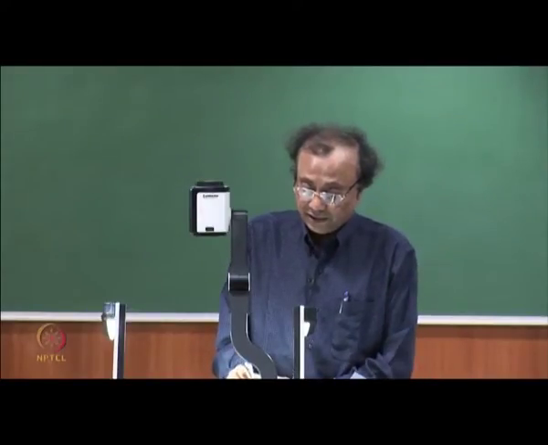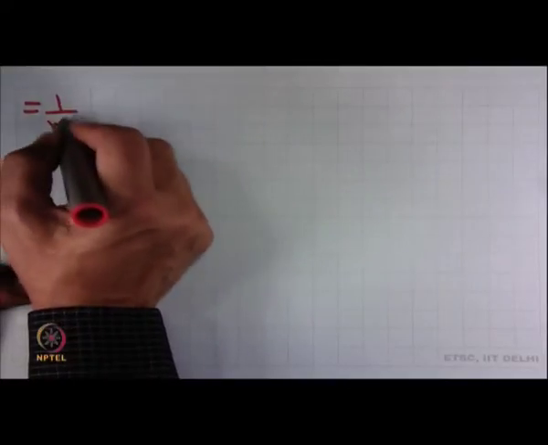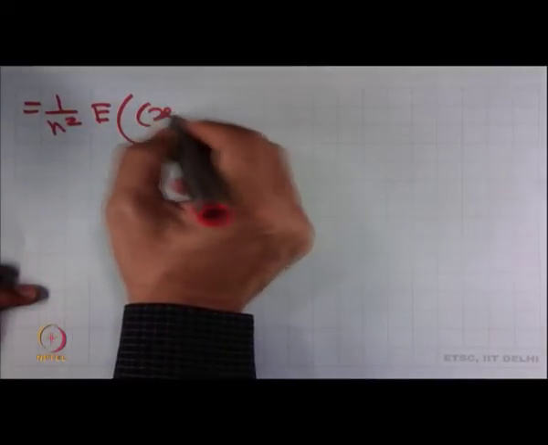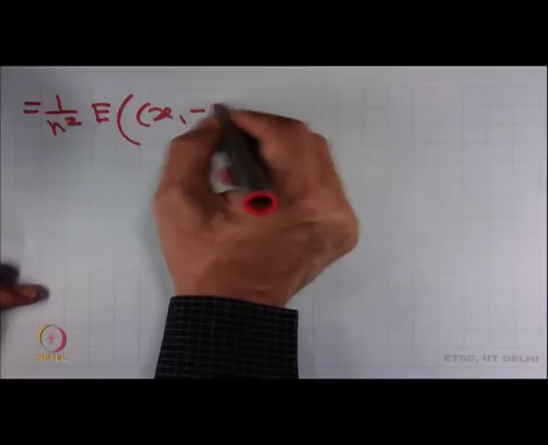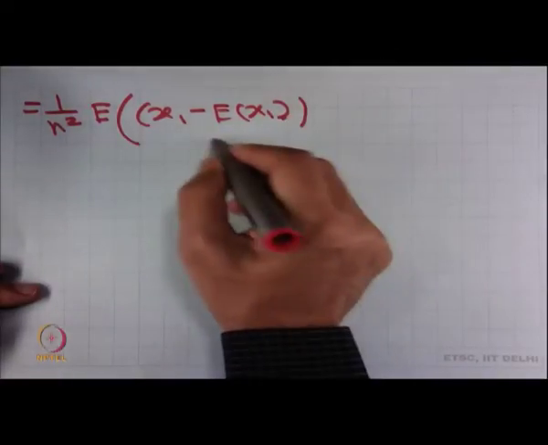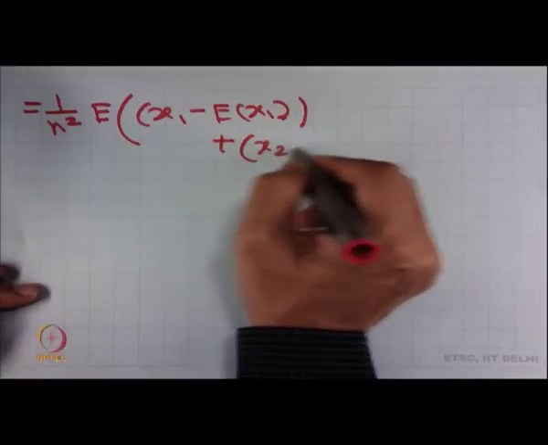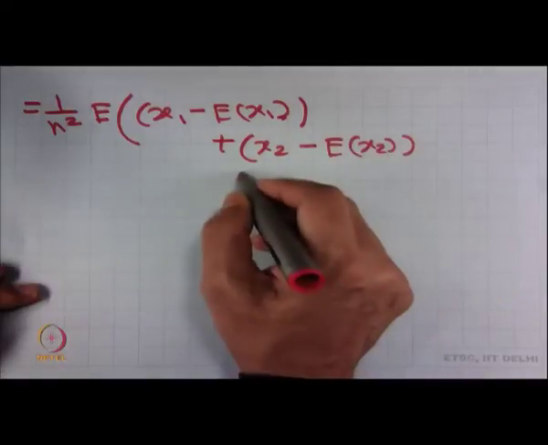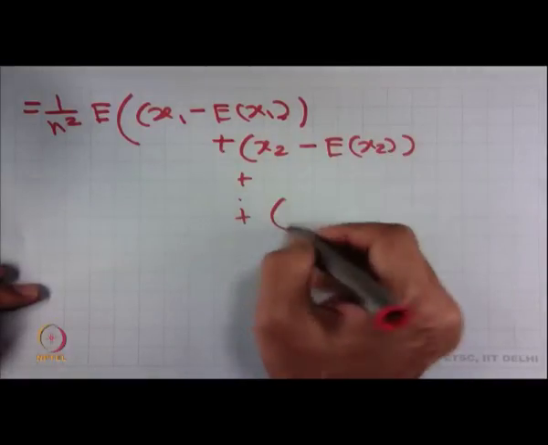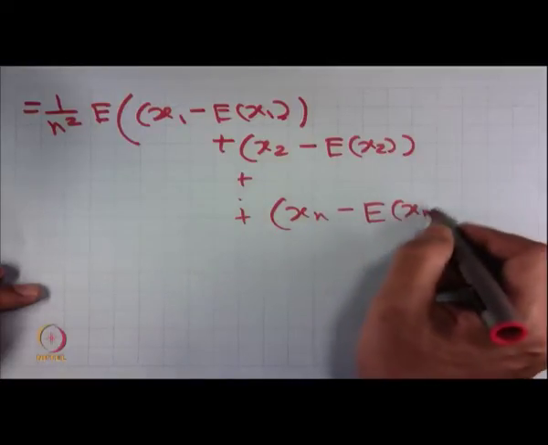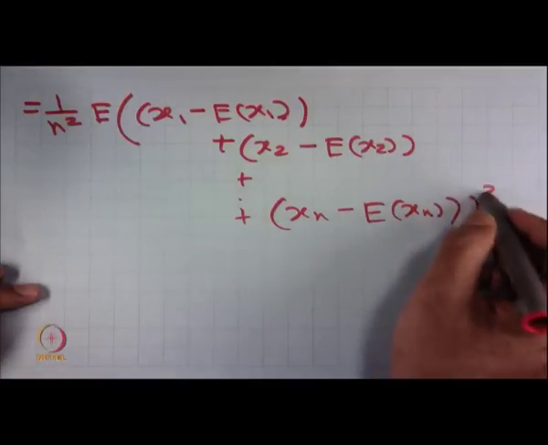We rewrite it as the expected value of x1 minus E of x1 plus x2 minus E of x2 plus xn minus E of xn whole square.